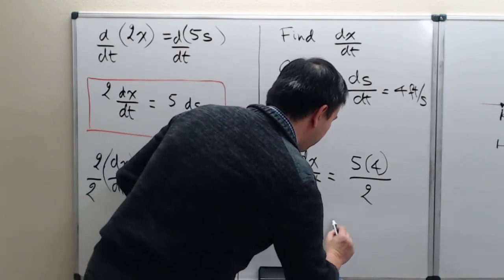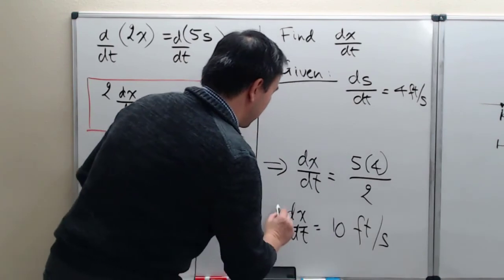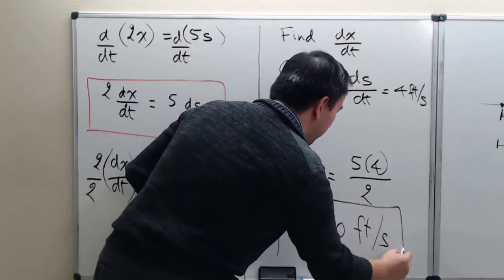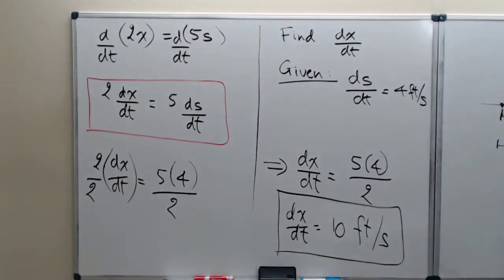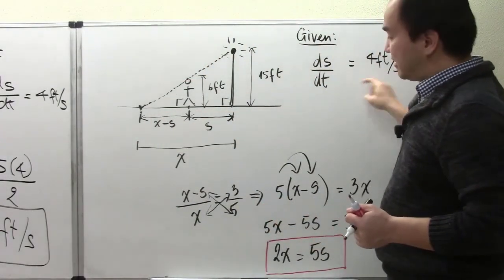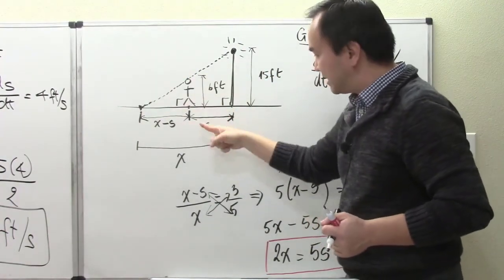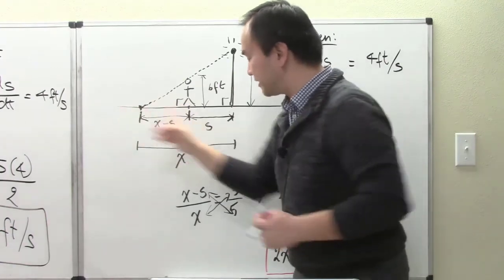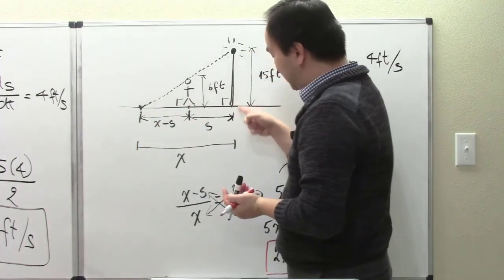equals 10 feet per second. So the tip of her shadow, as long as the woman is walking at this constant given speed and walking away from the pole, 4 feet every second, then her shadow is moving, of course, away in reference to the base of that pole.